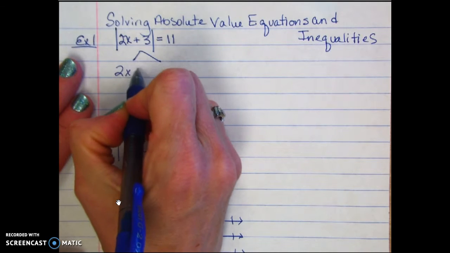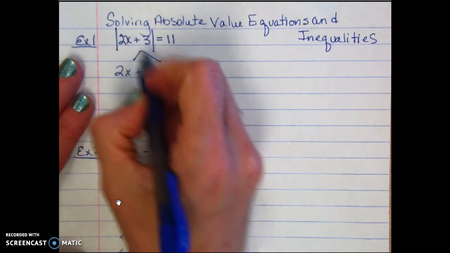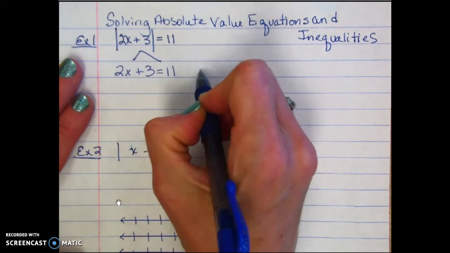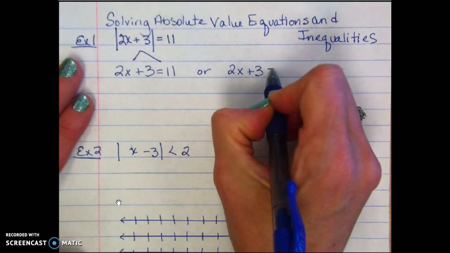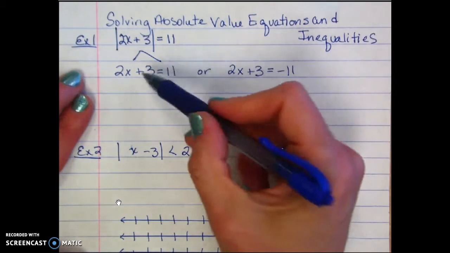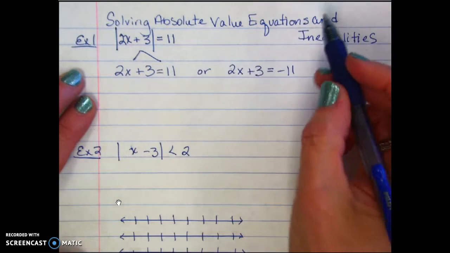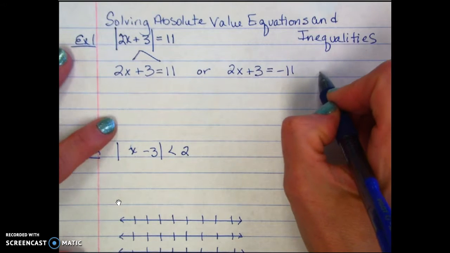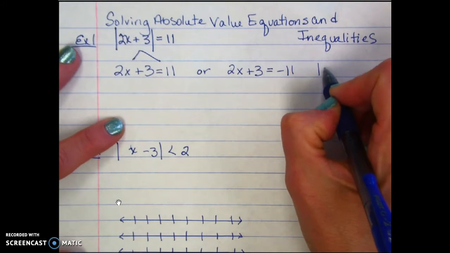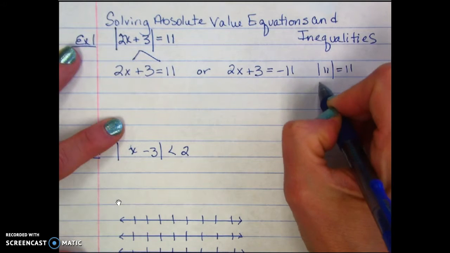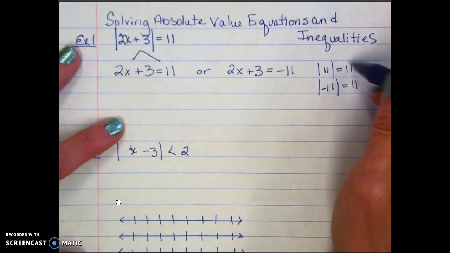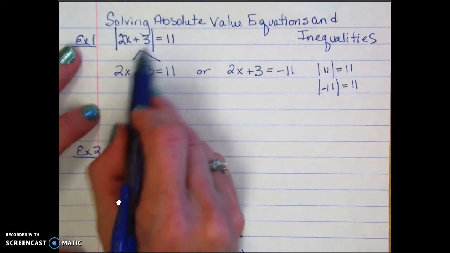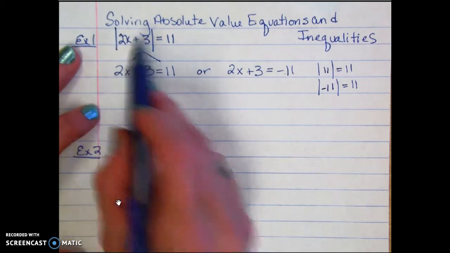One says the stuff inside the absolute value is equal to 11, or the stuff inside is equal to negative 11, because that's the only way we can get 11 as an answer. Thinking back to younger years, the absolute value of 11 is 11, and the absolute value of negative 11 is 11. That's the only way you can get 11 as the answer, so the stuff in here has to be either 11 or negative 11.